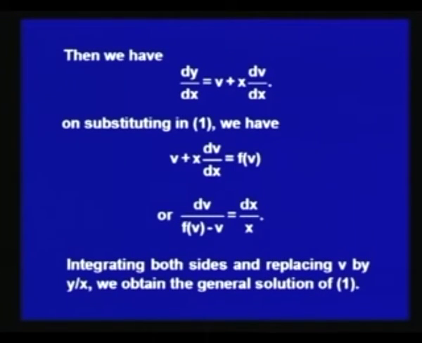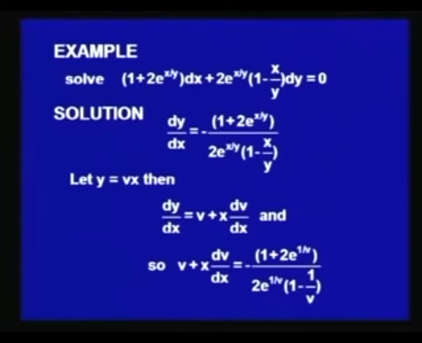Now, we can integrate both sides of this differential equation and then replace v by y over x to obtain the general solution of the given differential equation. Let us take an example of a differential equation belonging to this type.